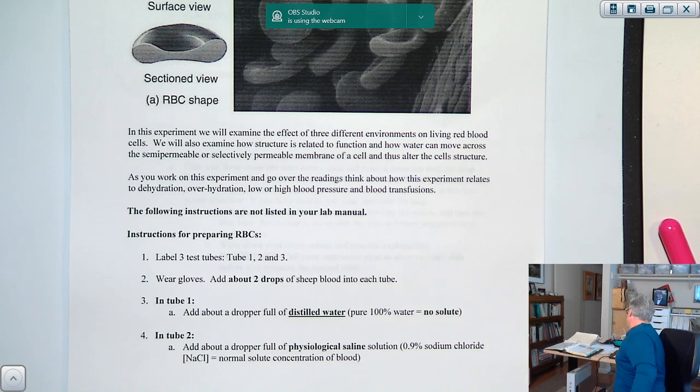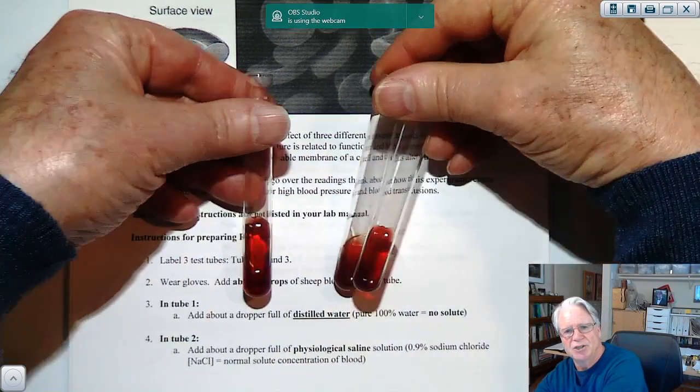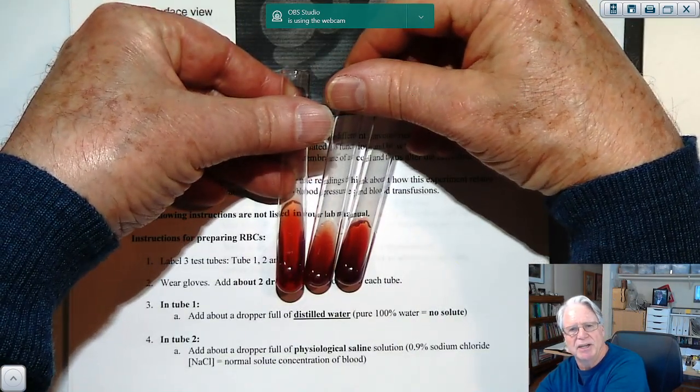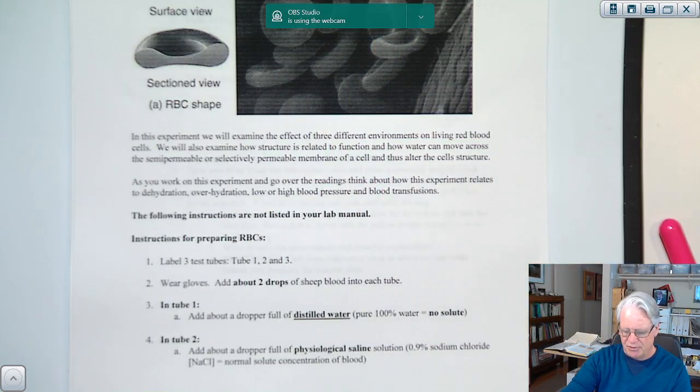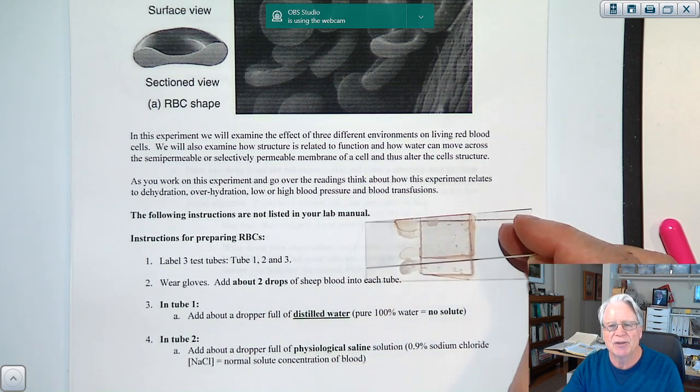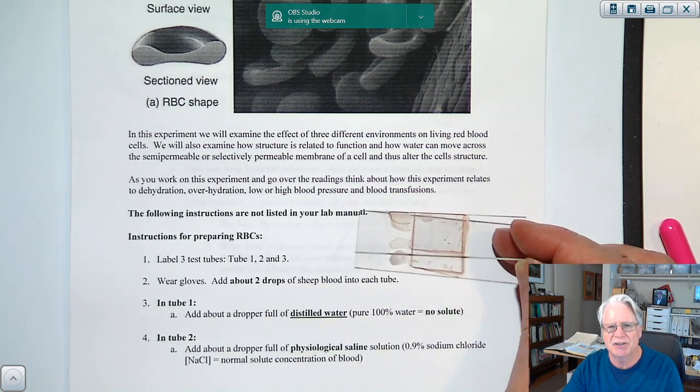I just happen to have some examples of that. So we would have a setup that looked like this. We would have 3 test tubes, and we'd put solutions in them, and then we'd add blood, and then we would observe them under the microscope. So there we would make a slide that looks like this.